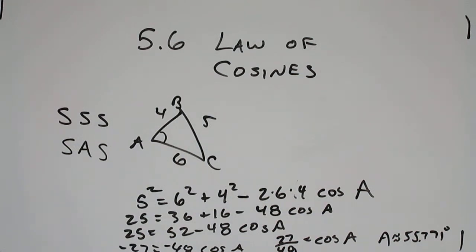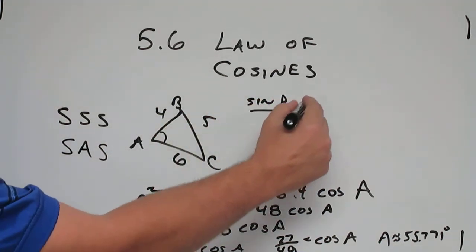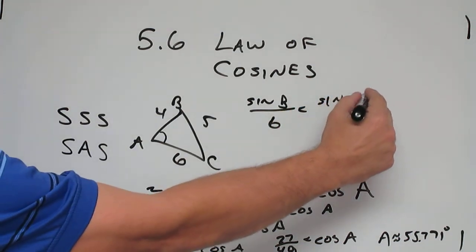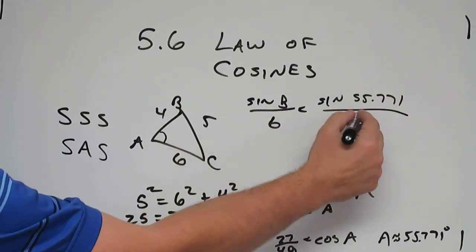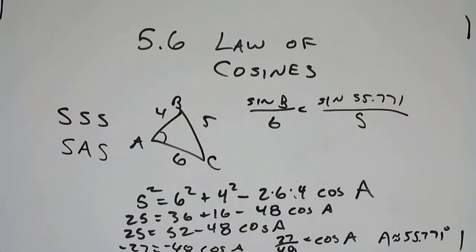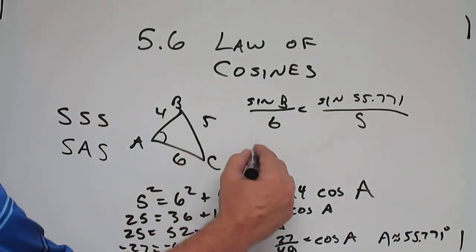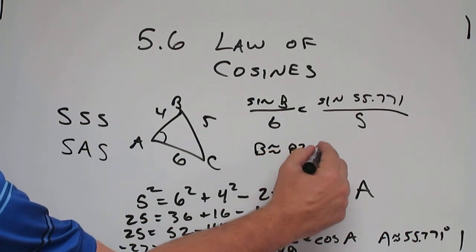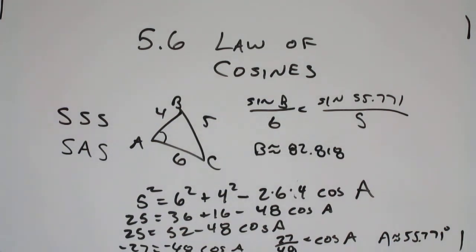But in this case, since I have a pretty good approximation, what I would do is I would say, if I wanted to find B, I'd say the sine of B over 6 equals the sine of that 55.771 over A. And so I would cross multiply and divide, so 6 times sine of 55.771 divided by A. So when I do the inverse sine there, the value I got for B is going to be approximately 82.818. And I could do the same thing for C.